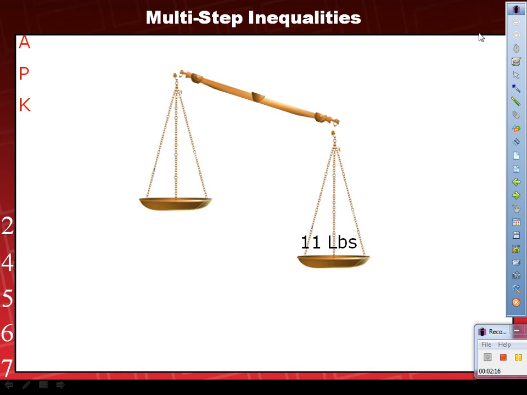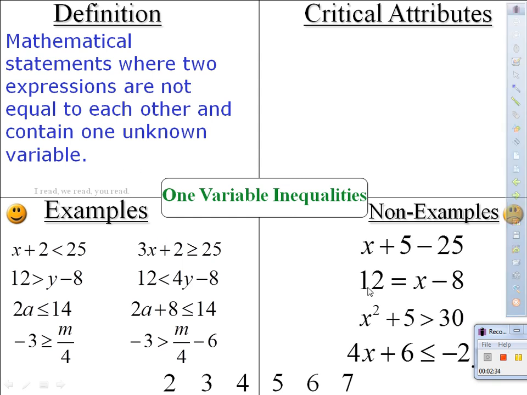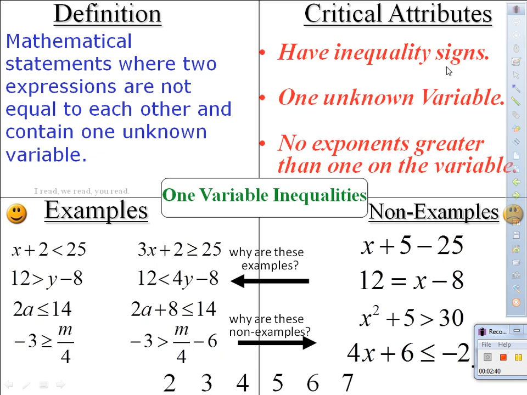So yeah, two expressions that are not equal to each other. That is the definition for inequalities. The most important thing to remember is that they have inequality symbols, one variable, and no exponent greater than 2 for right now.